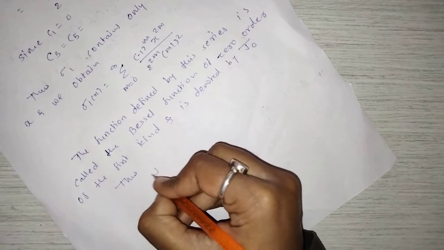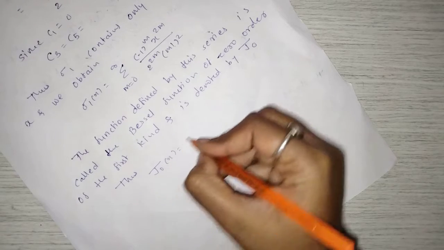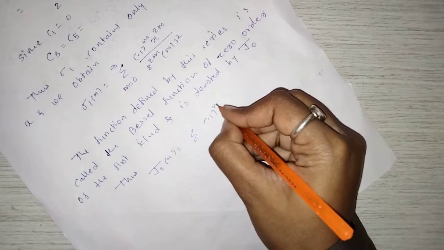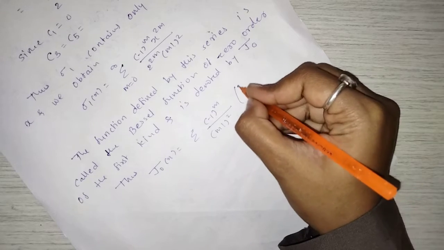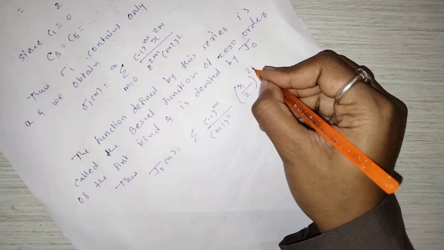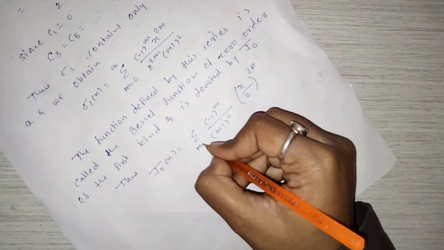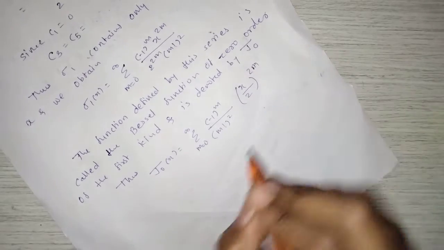Thus J naught of x equal to summation (-1)^m upon (m factorial) bracket square into (x upon 2) raised to 2m, m running from 0 to infinity.